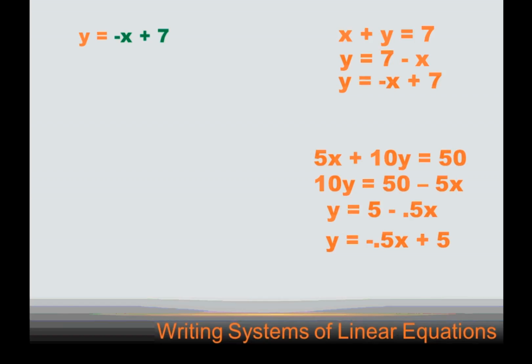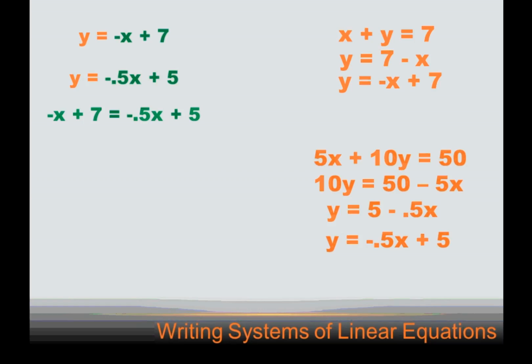And I manipulated that expression so we got it in slope-intercept form, and we came up with y equals minus 0.5x plus 5. We'll write that down. Well, now we got two expressions over here, and they both tell us what y equals. Well, we know that y equals y, so whatever equals y has to equal the other thing that equals y. So we can rewrite that expression as minus x plus 7 equals minus 0.5x plus 5.